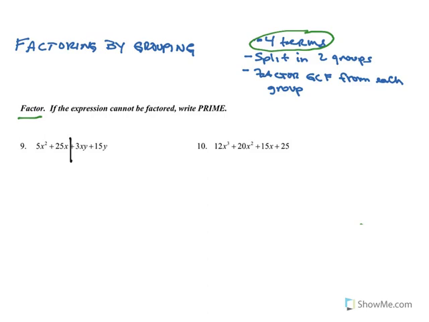We deal with our coefficients, then we deal with the variable components. The GCF for 5 and 25 would be a 5. Then we have x squared and x, so the GCF there would be x, right? Because we know the GCF for the variables is always the one with the smallest exponent.